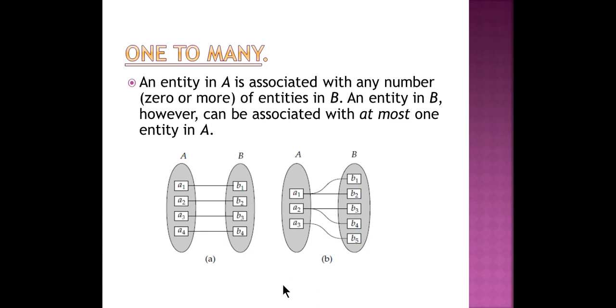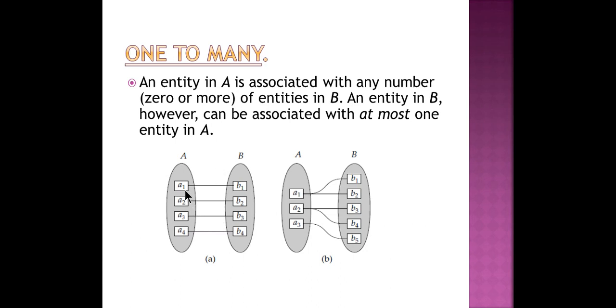Diagrammatically you can represent it like this, or you can see the second diagram here, that is A and B. These are the two entity sets. A1 is related to B1 and B2, A2 is related to B3 and B4, A3 is related to B5. That is one to many. If you see the first diagram, that is one to one.